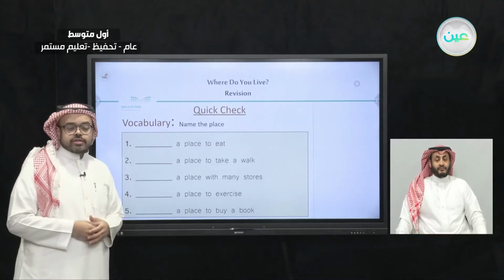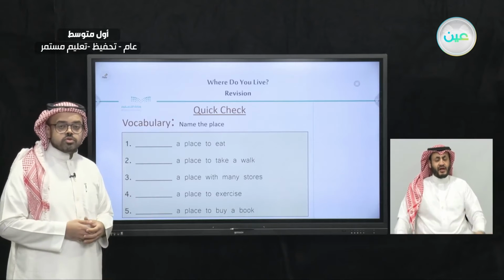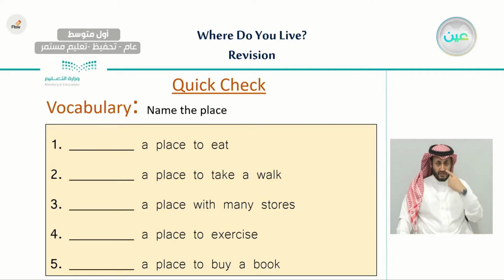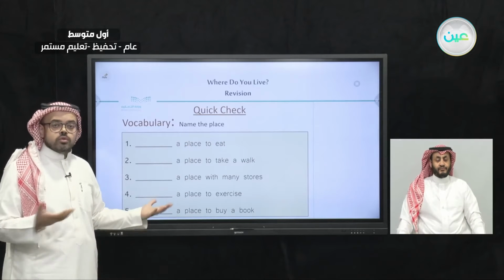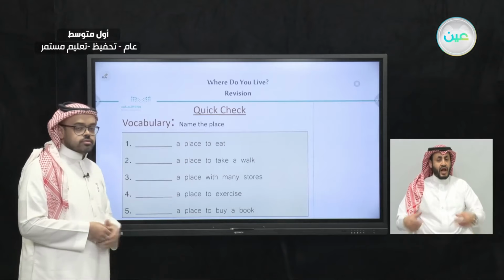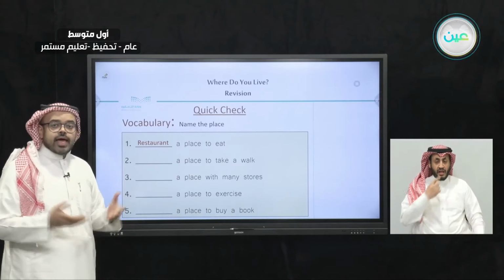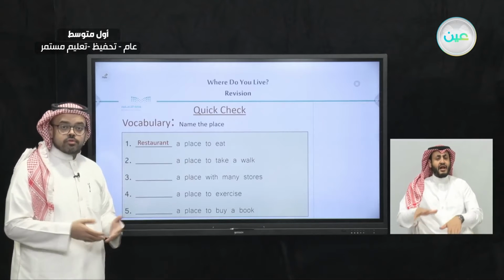And we also, as a reminder, did a very simple exercise, which is a quick check exercise. Here we have different descriptions of places, and I have asked you to just write the name of the place for each description. For example, what do we call a place where we go to eat? Very good. It is a restaurant. And what do we call a place where we go to take a walk? Very good.